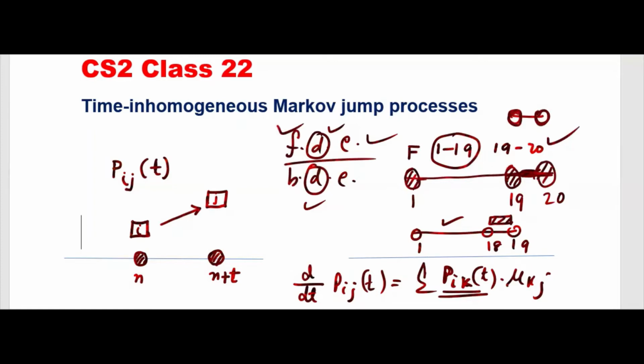When you consider backward, in that case you have to divide this way. 1 to 20 you can divide this way. 1 to 2, 2 to 20. Okay, so this mu will come this side. So in place of kj you write mu, then p will come here.